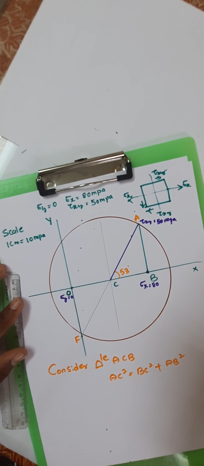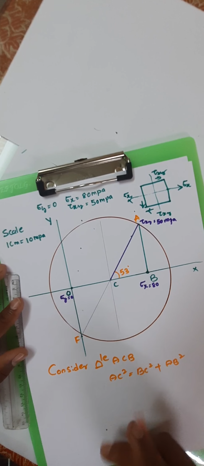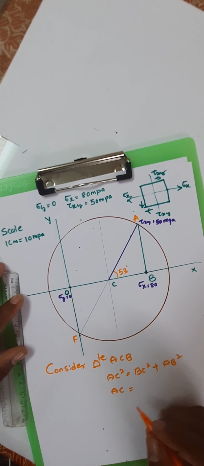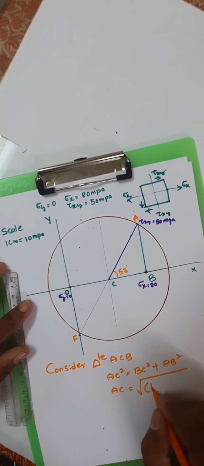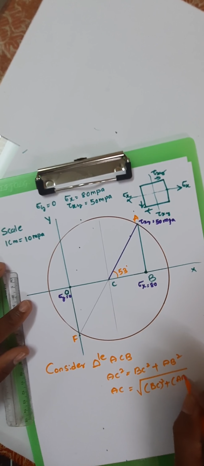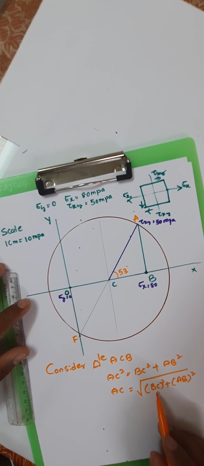So I'll directly write AC is equal to square root of BC square plus AB square. What is the distance of BC?